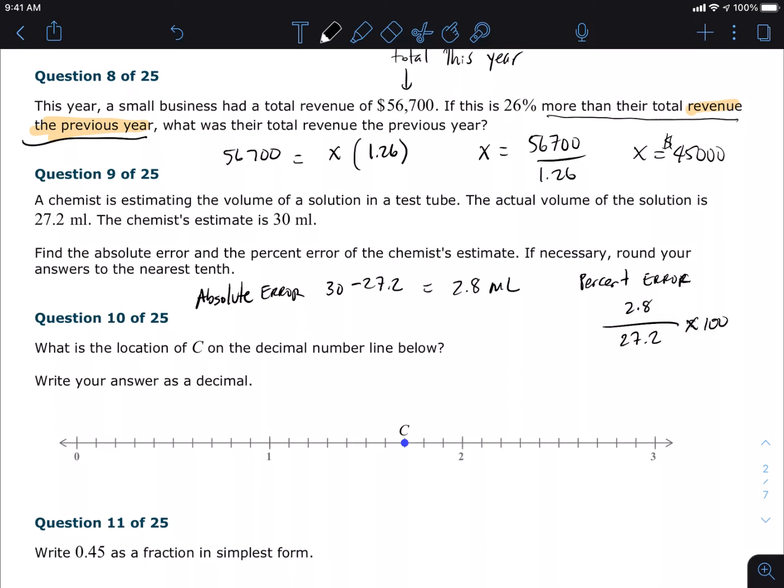So 2.8 divided by 27.2 times 100. And they want the estimate to be at 10%. So it's 10.2941. So it should be 10 point what? Since we're rounding, it should be a 3. Are we okay with that?